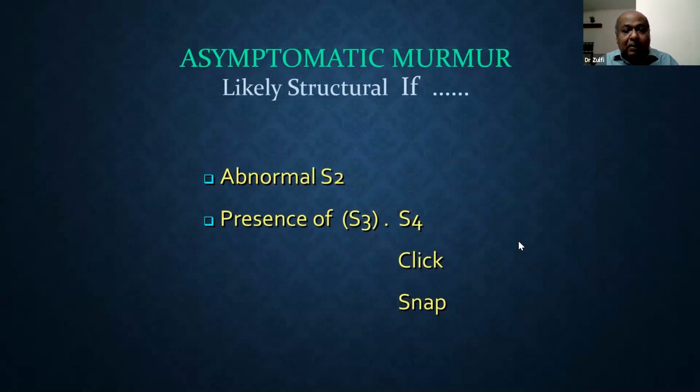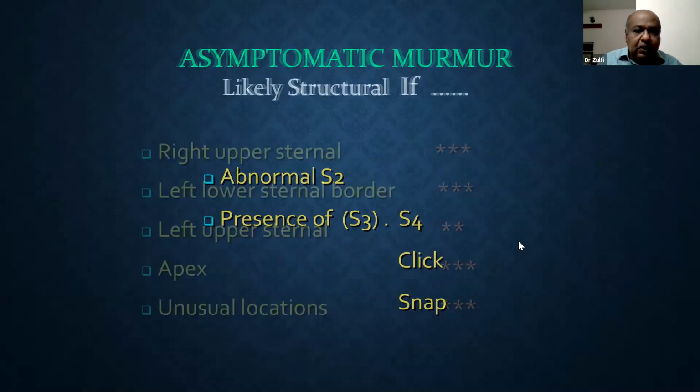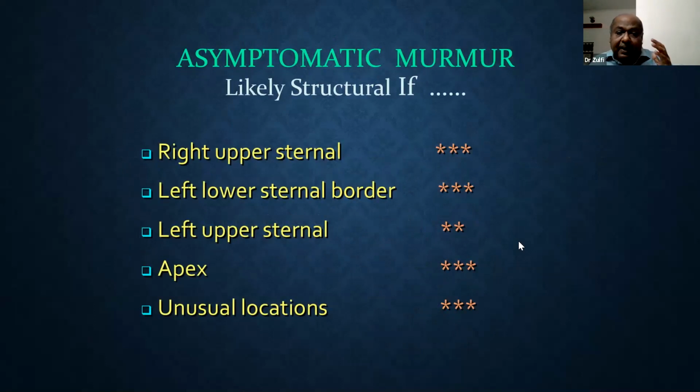If you have an abnormal S2, or the presence of an S4, a click or a snap, definitely that person has an abnormality. If you have a murmur in the right upper sternal border, left lower sternal border, apex, or an unusual location, very likely you are dealing with an abnormal heart.